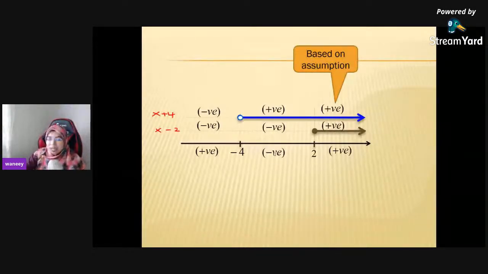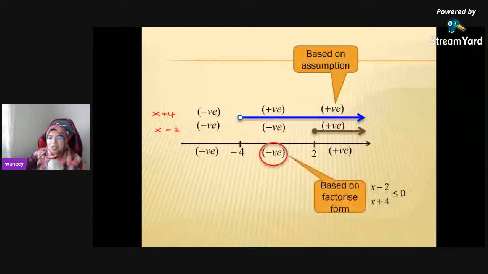Okay, so now, based on the question, based on the factorized form, we want to get the answer for x minus 2 over x plus 4 less than or equal to 0. That means we are looking for what is the value of x such that when I substitute into here and here, it will give me a negative answer.